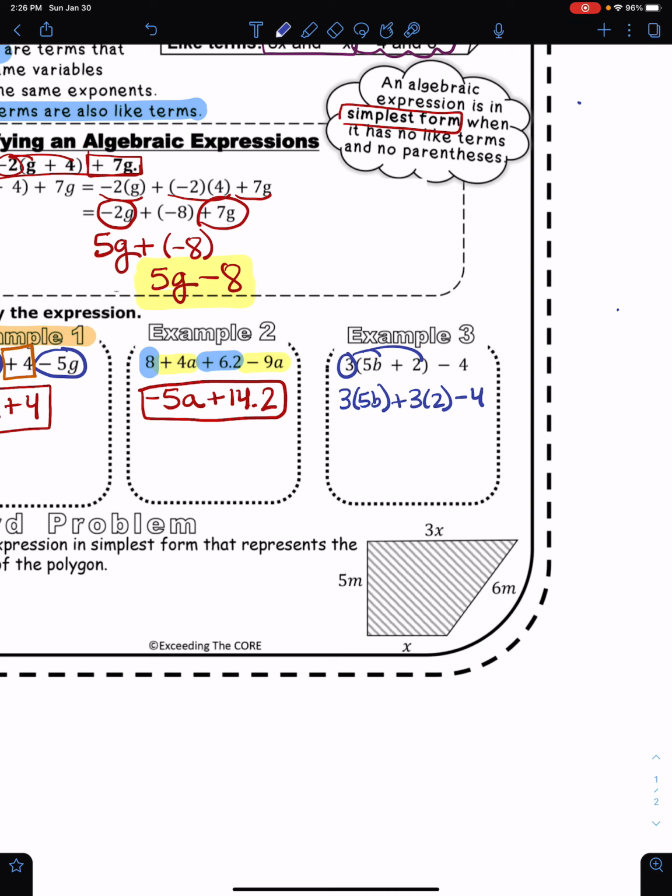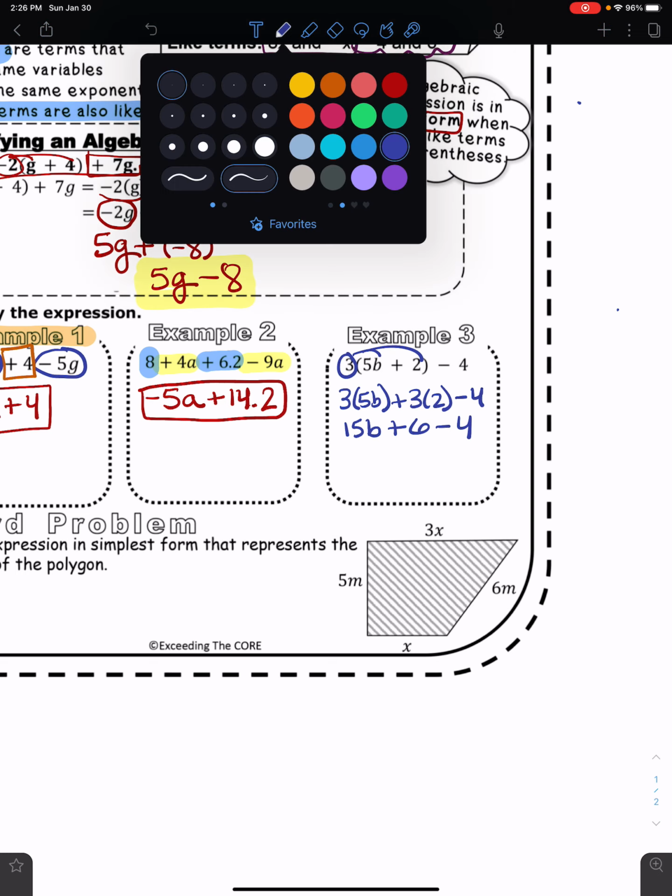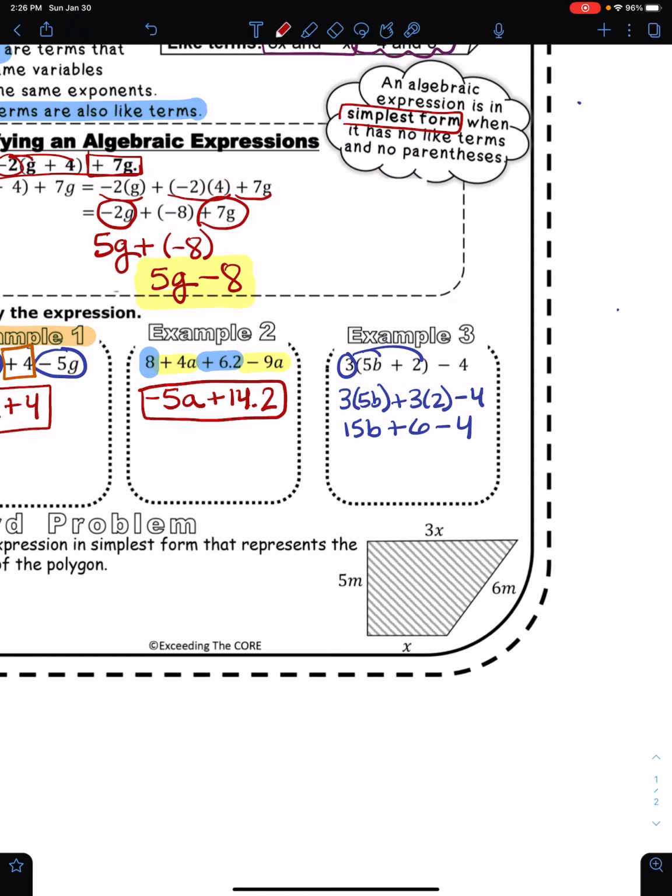So now we're going to actually multiply them. 3 times 5b is 15b. 3 times 2 is 6. And then we're going to find our like terms, which you probably already spotted are the constants here. So there's only one term with b, so I'll bring it down, and then 6 minus 4, of course, is 2.